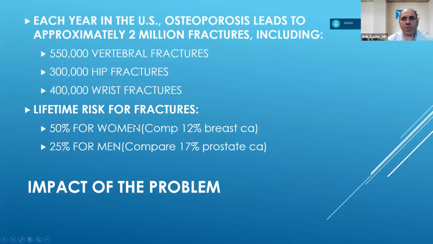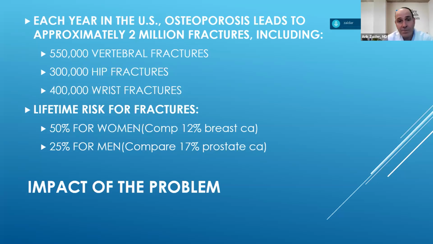So again, why are we concerned about osteoporosis? We are concerned because of fractures, of course. The incidence of fractures is very widespread. It's estimated that about 2 million fractures per year occur due to osteoporosis. They're broken down into all kinds of fractures.